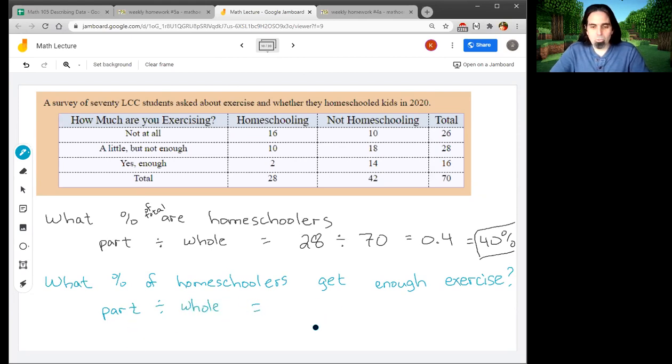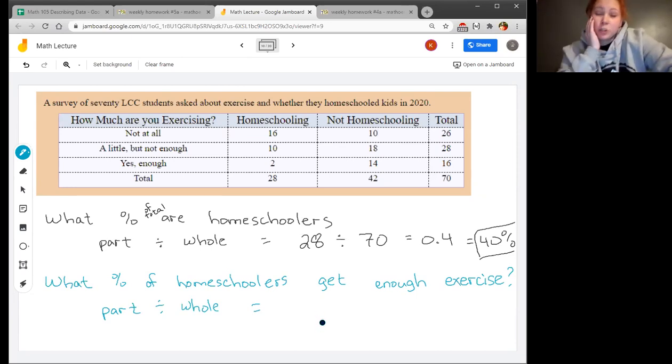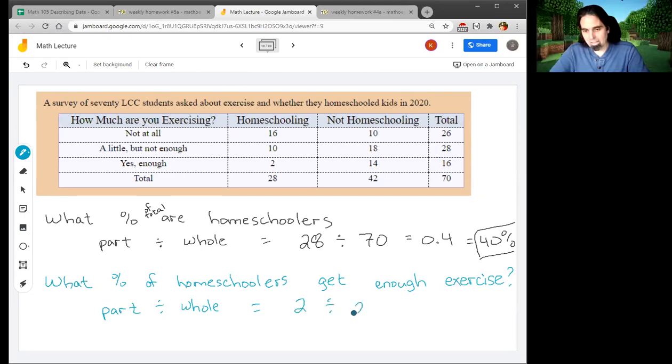What are my part and whole this time? Part would be 2 and the whole would be 28. So it's about 0.07, or 7%.